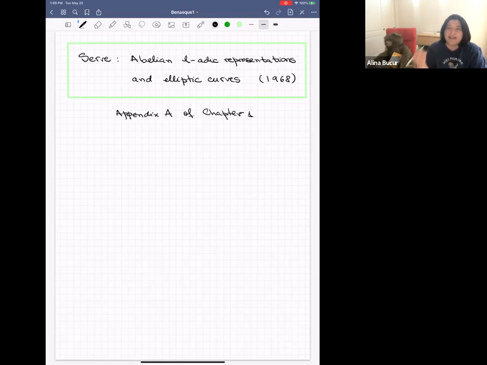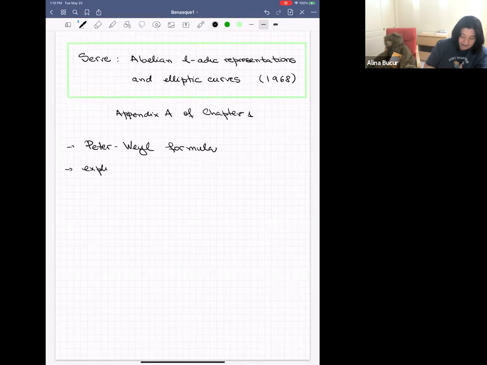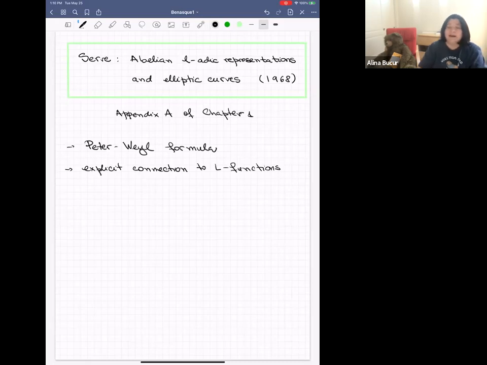So this appendix is an amazing piece of work because it looks at the question of equidistribution, and it brings into play a formula from representation theory, namely the Peter-Weyl formula, and makes explicit the connection to L-functions. So when I actually talk about it, you will recognize some features that every single person in here has seen.